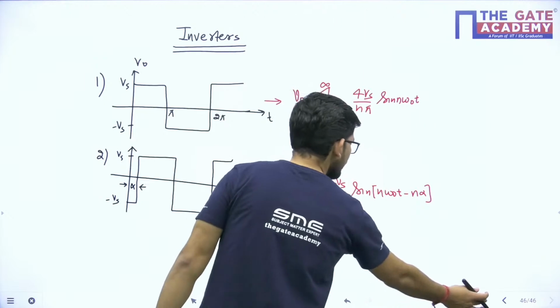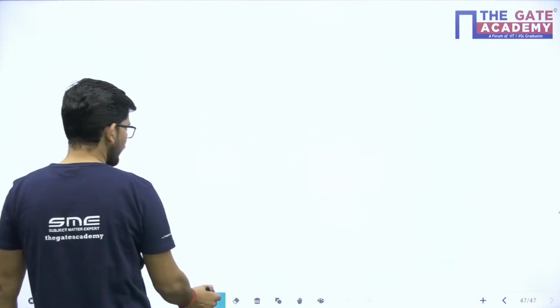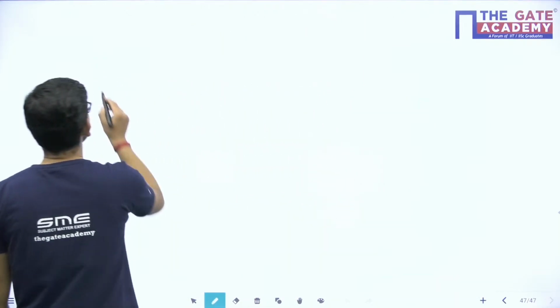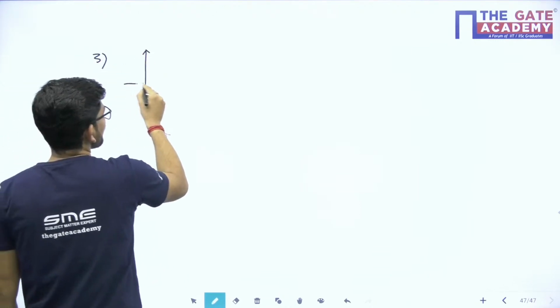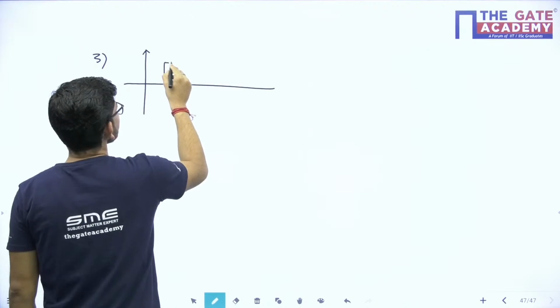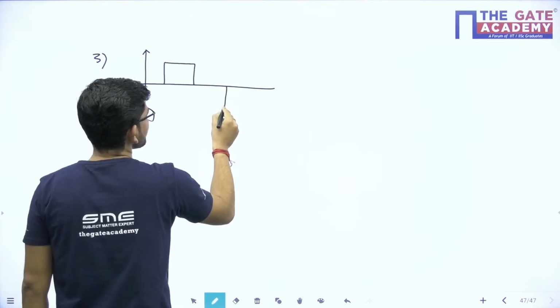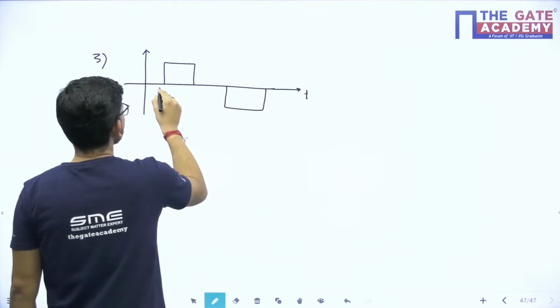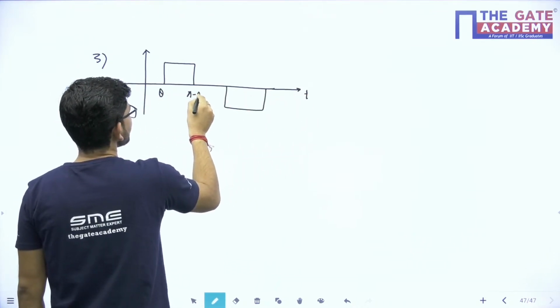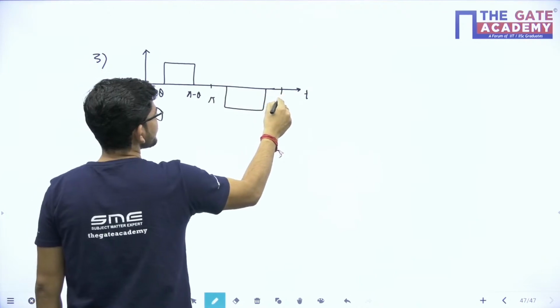Now after these two waveforms, we have a third waveform, which is known as the quasi square wave. Suppose you have a waveform like this, where this is theta, this is pi minus theta, this is pi, and this is 2 pi.